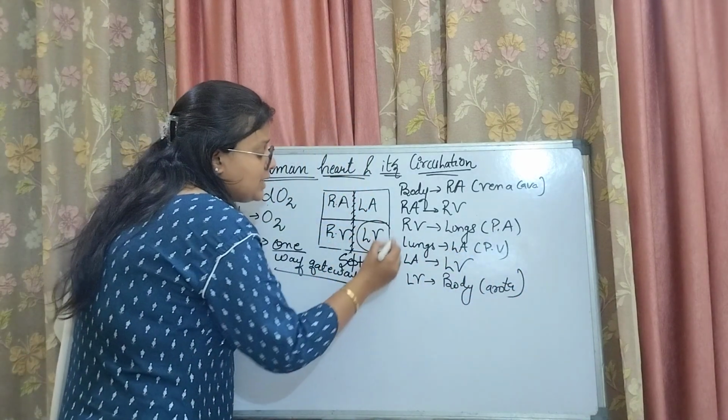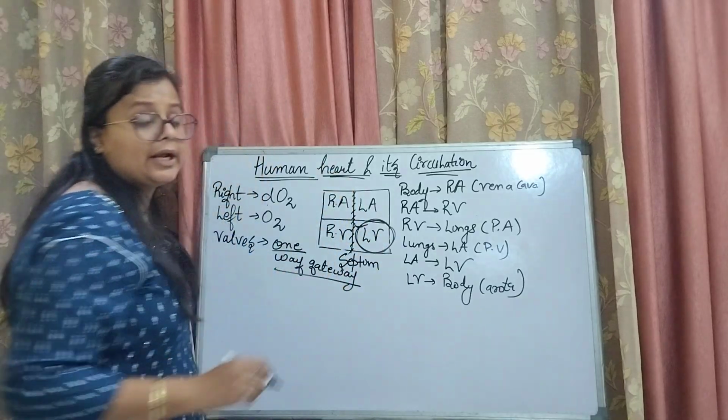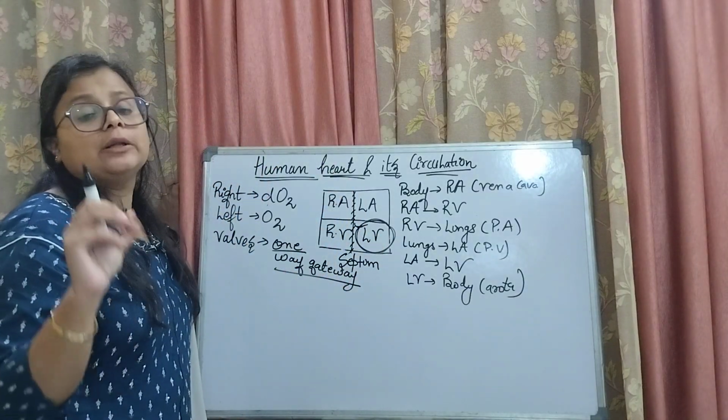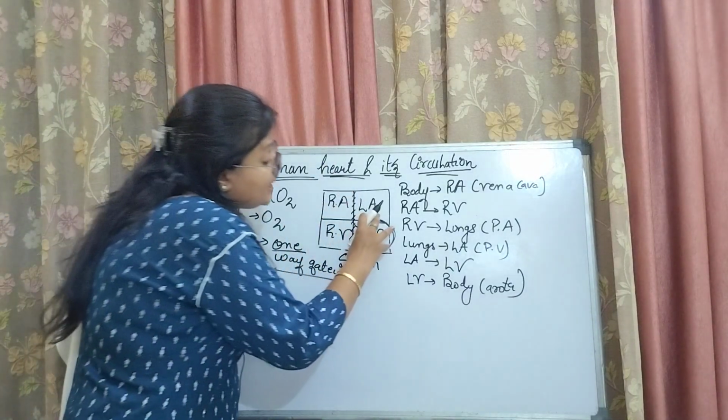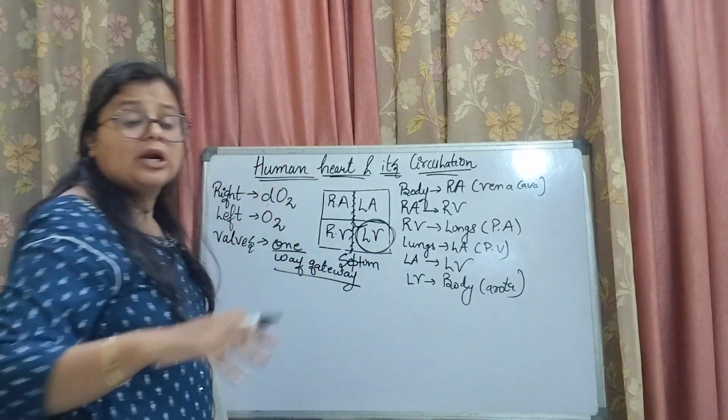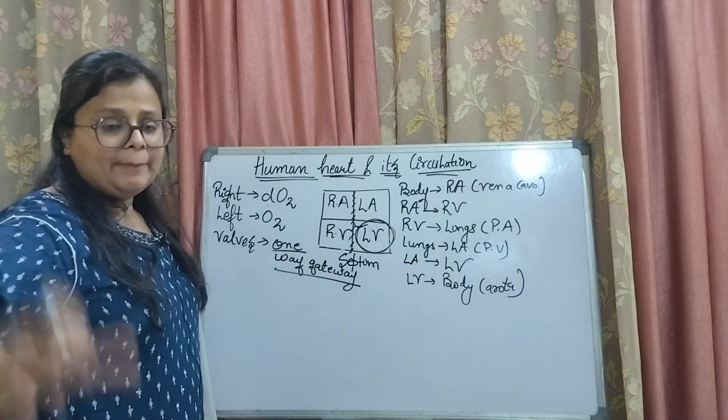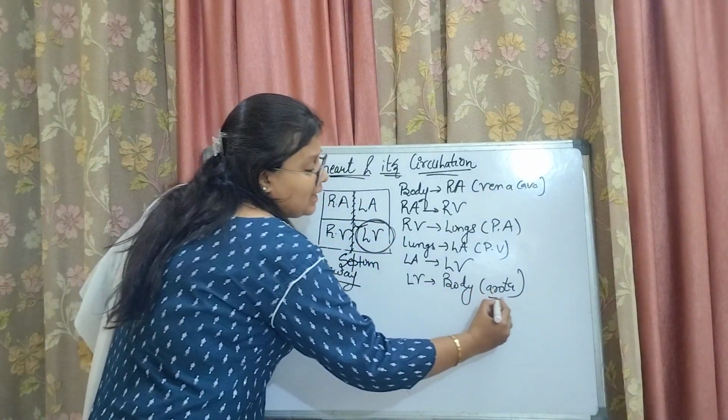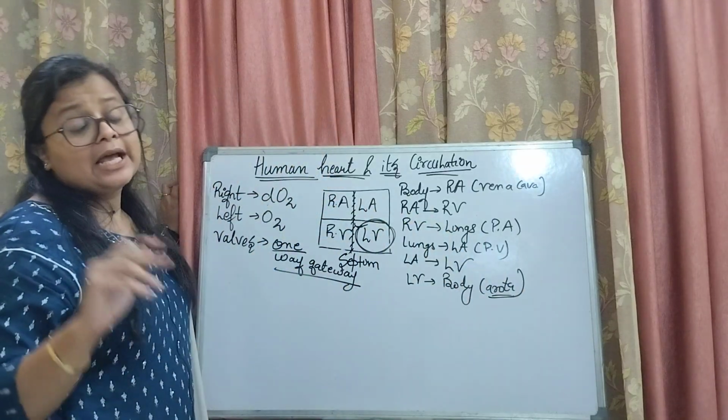Now the left ventricle is the thickest, most muscular chamber of the heart because it performs the main function of transporting blood to all parts of the body through the aorta.